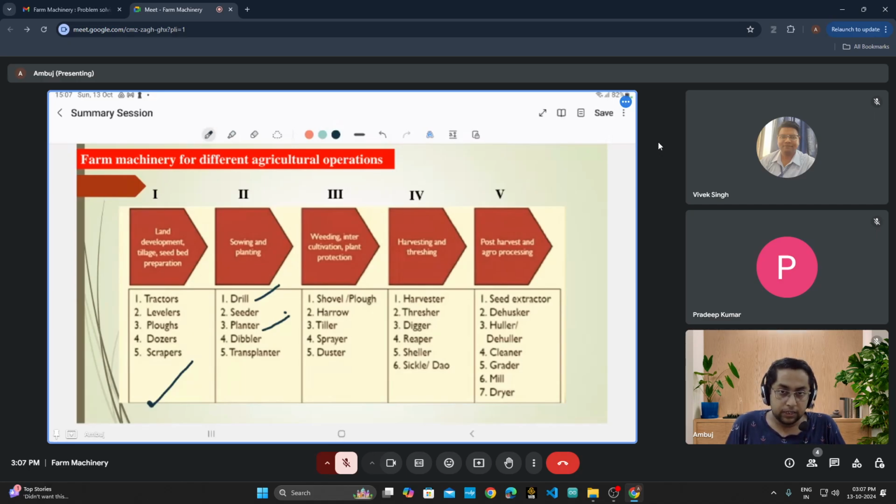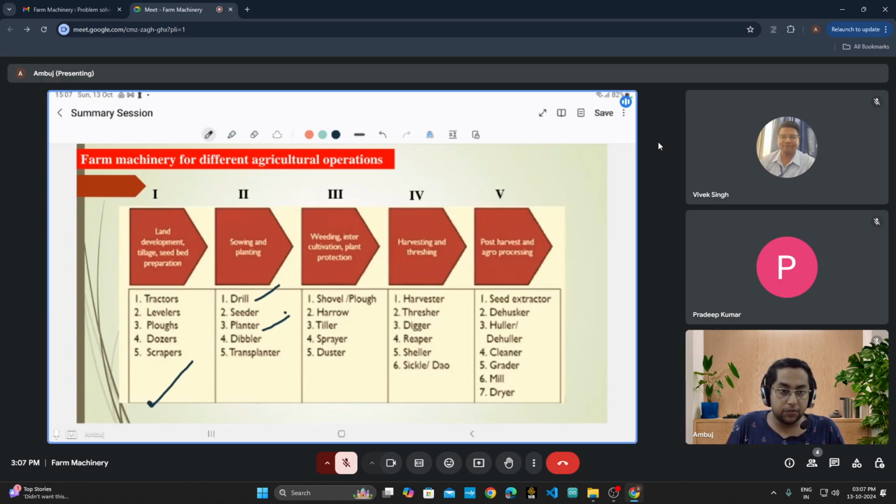Then regarding weeding, intercultural operations, and plant protection operations, we talked about the shovel or plow, then harrow, tiller, sprayer, and duster. These are for plant protection and crop protection. Sprayers and dusters are more frequently used.